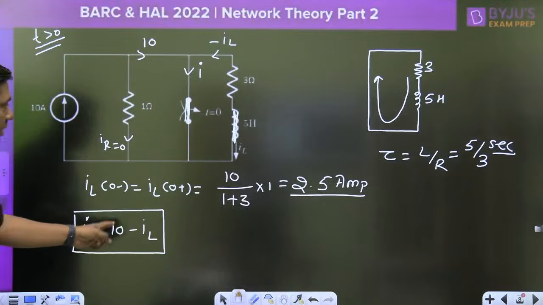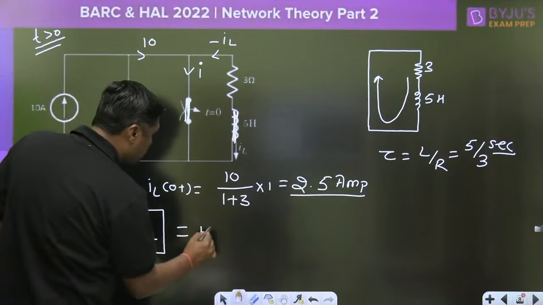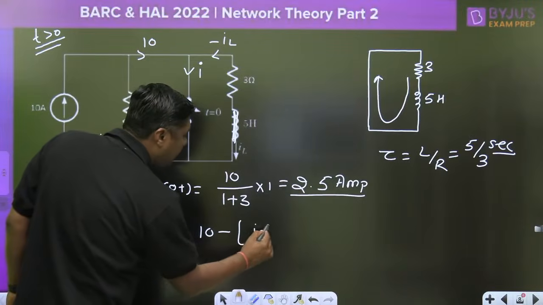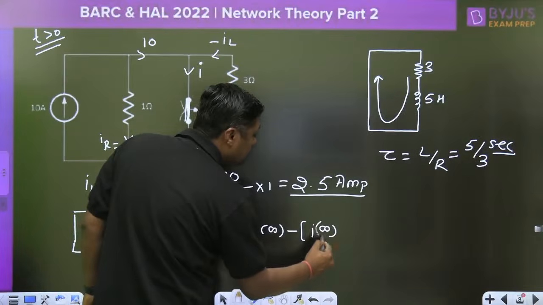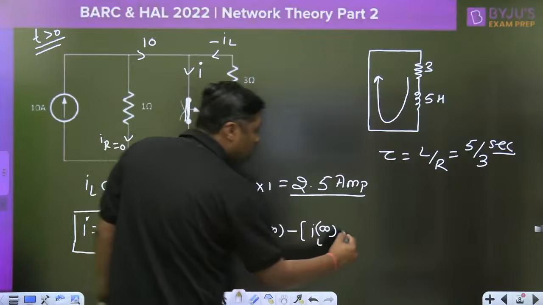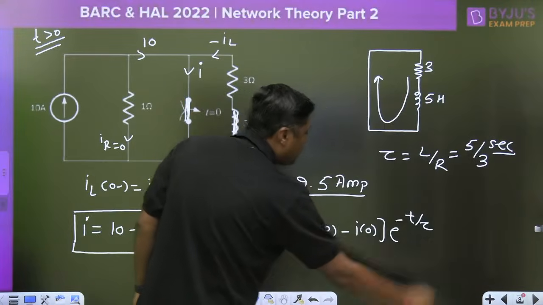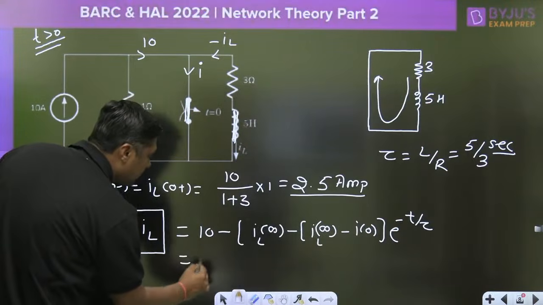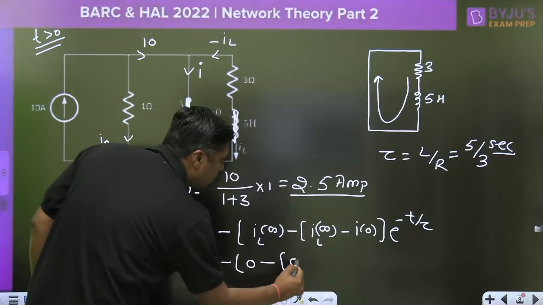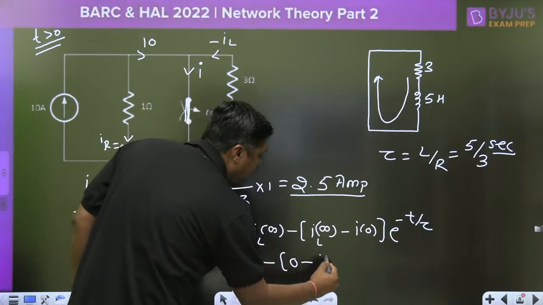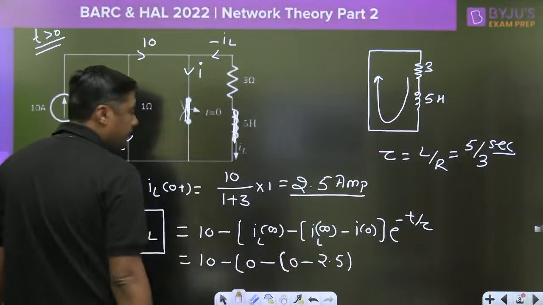That is the equation: 10 minus IL. This is the 10, this is IL. So I can write I is equal to 10 minus (I final minus I initial) e raised to power minus t by tau, where these are the inductor currents. What is the final value of the current? 0. What is the initial value of the current? Already we have calculated 2.5, the initial current through the inductor.